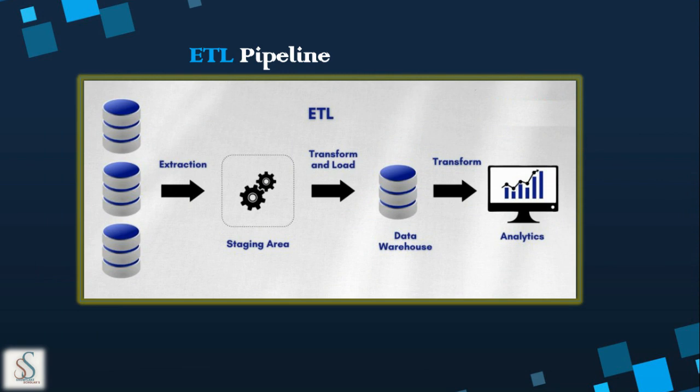Other important transformations are like joining, where you combine two tables into a single table, and splitting one table into multiple tables to segregate the data, and you can sort the data. All this kind of massaging on the data is called transformation.